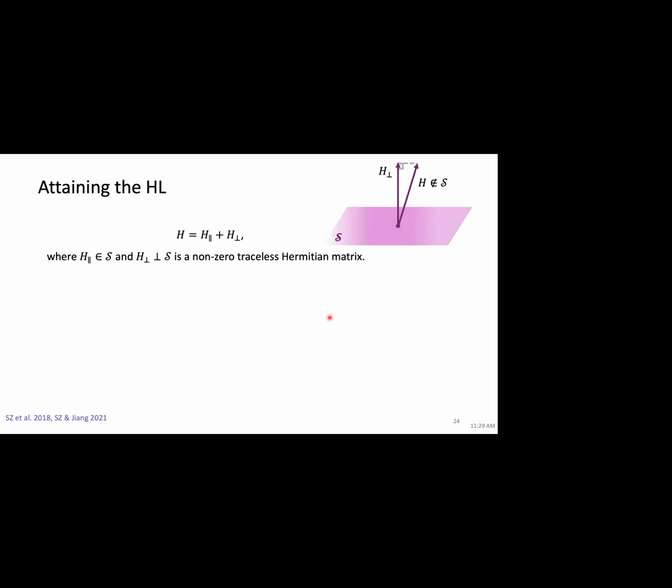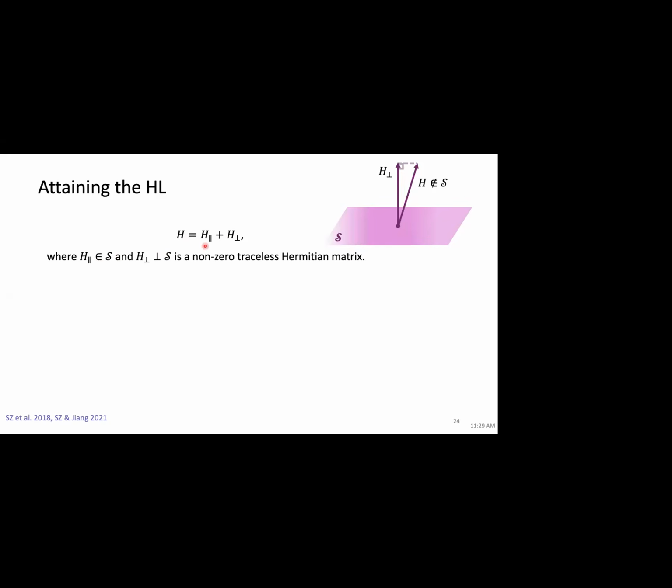So okay, now I'm going to give you a little introduction of how to achieve the Heisenberg limit when these two conditions are satisfied. Basically, when the Hamiltonian is not in the crossband, we could decompose it into two components.